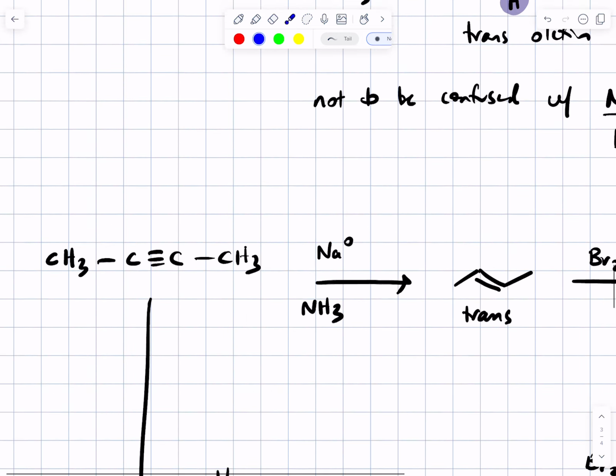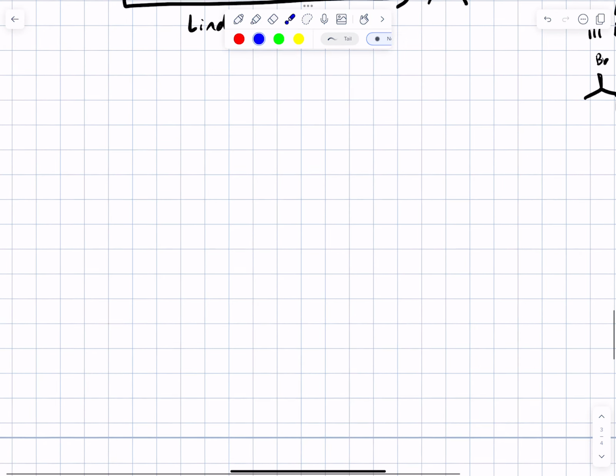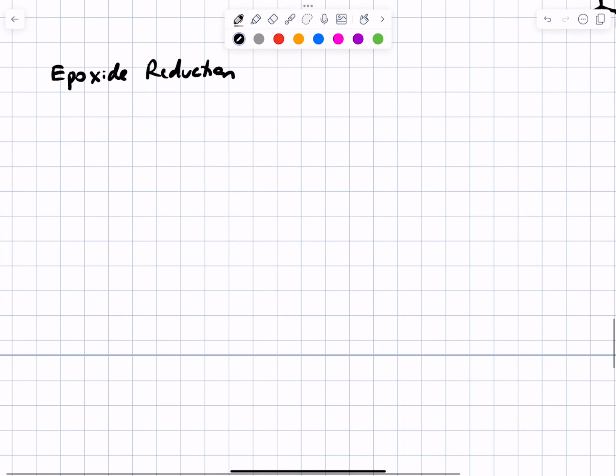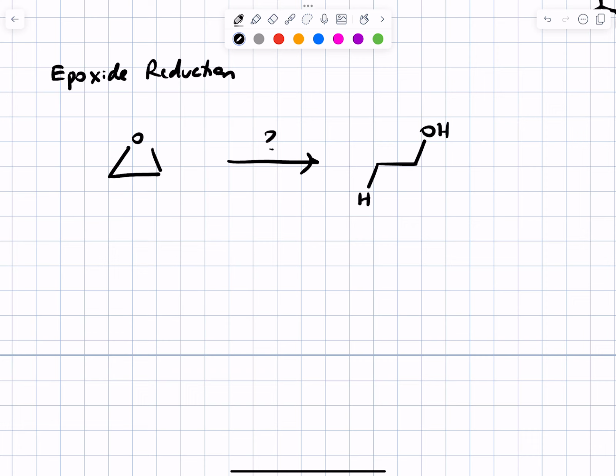So if that's our goal, epoxide reduction, you might wonder: if I want to take this epoxide and I want a reagent that will add a hydrogen to the epoxide as a nucleophile, why don't I just use sodium hydride?